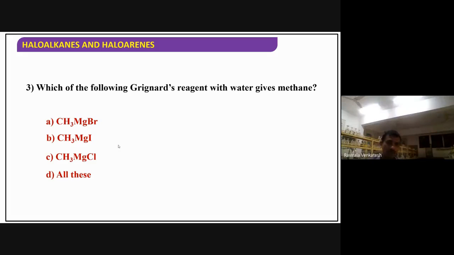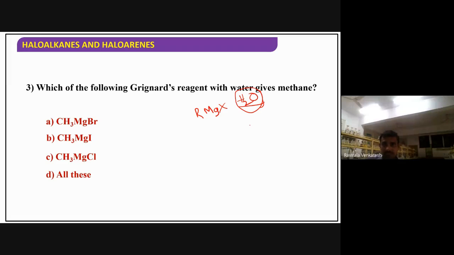Now here is a very important thing. When Grignard reagent reacts with water, RMgX reacting with water, what happens here?